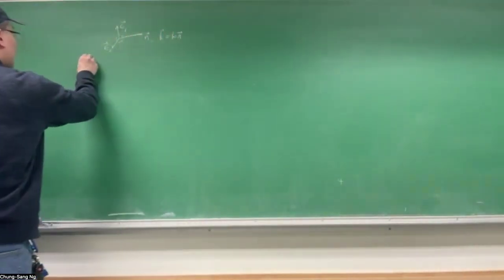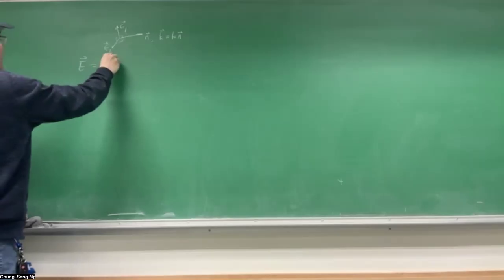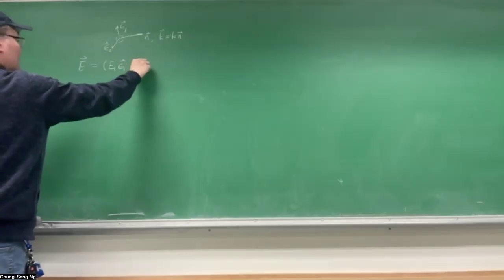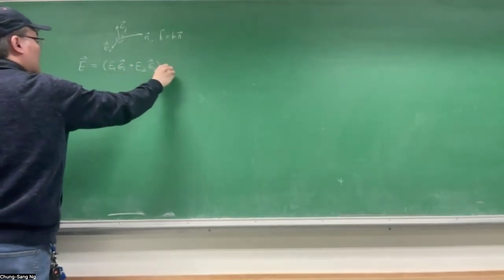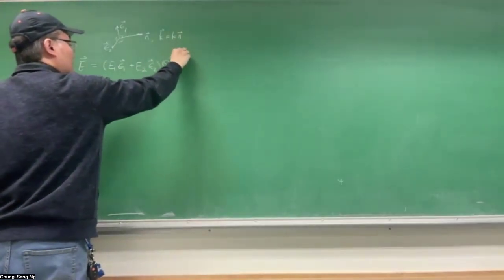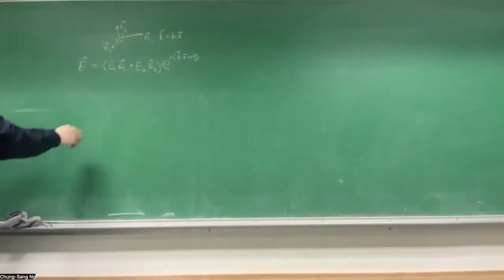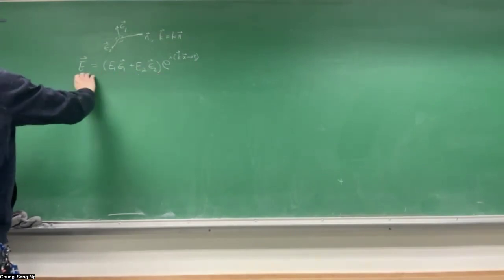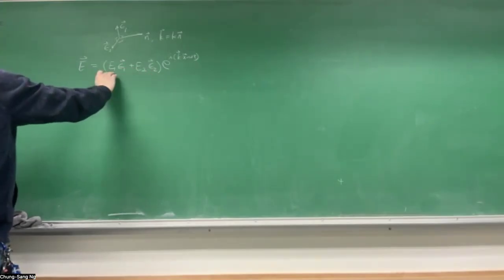So the electric field has the polarization E sub 1 epsilon sub 1 plus E sub 2 epsilon sub 2, and then you have the usual phase. Okay, so that combination is the amplitude of the wave, and usually we call that the polarization.